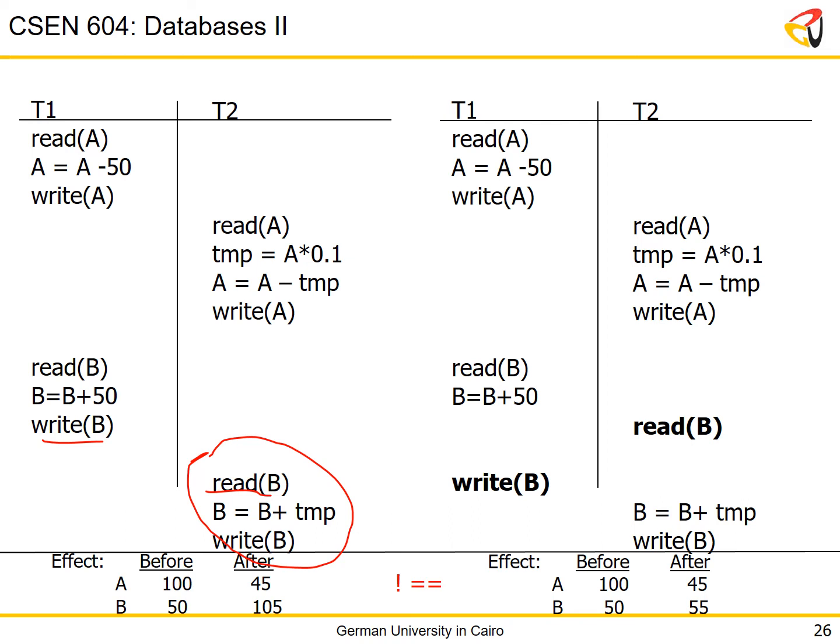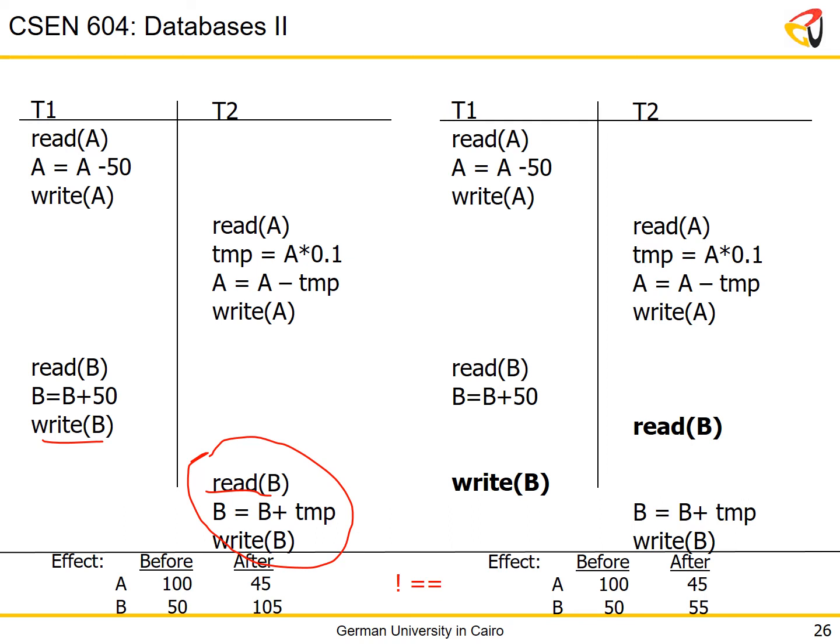And the context switch happens one more time, and I do B equal to B plus temp and then write B. Now if you look at the bottom right of the screen, you can see that the after effects of running this specific schedule is 45 and 55. A is 45, which is what we expect, but B is not 105, it's 55.